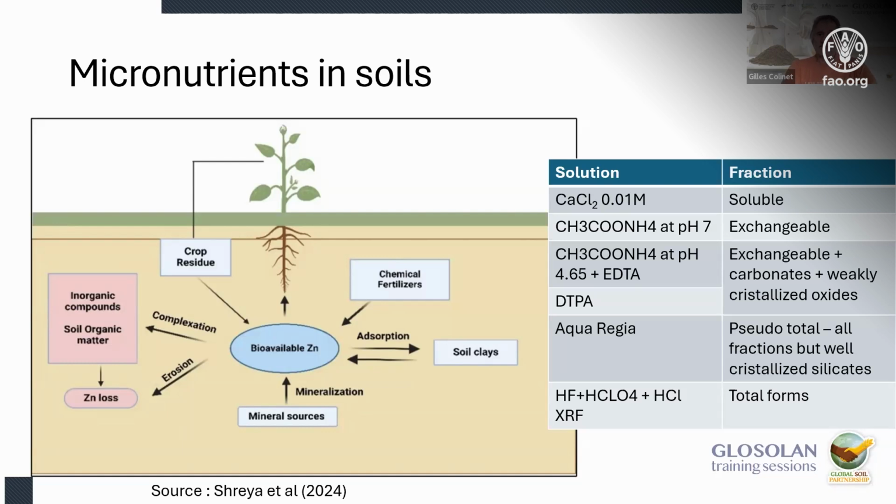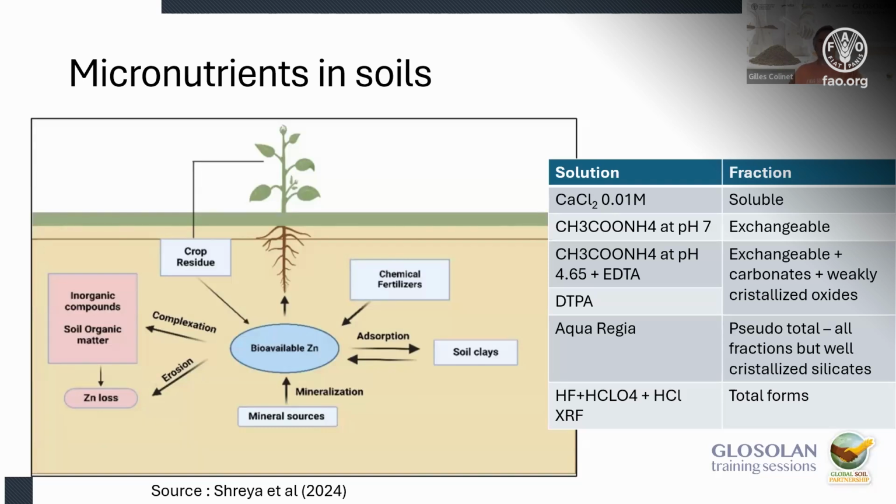If you add EDTA and you go to a more acidic pH, you will take this fraction plus carbonates that may be dissolved, and also weakly crystallized oxides, which will dissolve in the soil solution. The same with the DTPA extractant. You are going to take a fraction a little bit bigger than just the exchangeable.